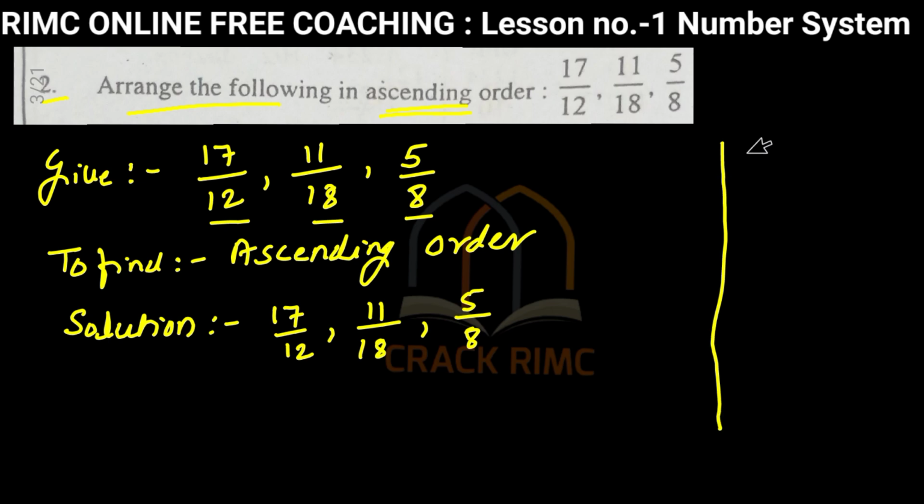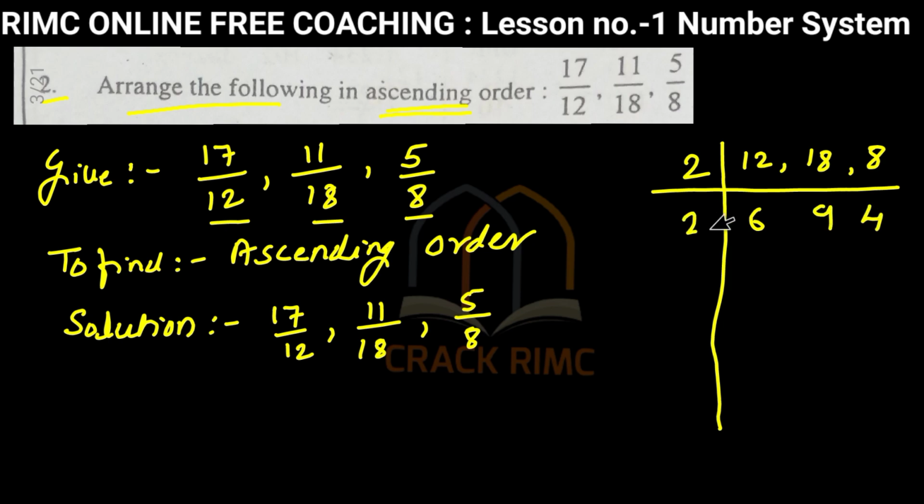Here we will write 12, 18 and 8. We will divide it by 2. So here it will come 6, 9, 4.